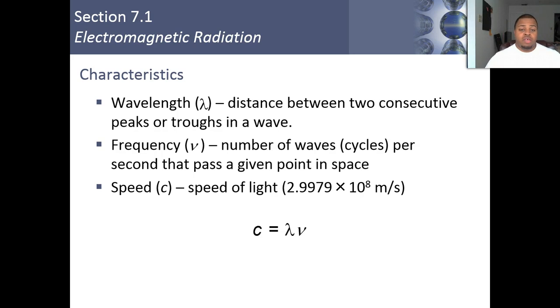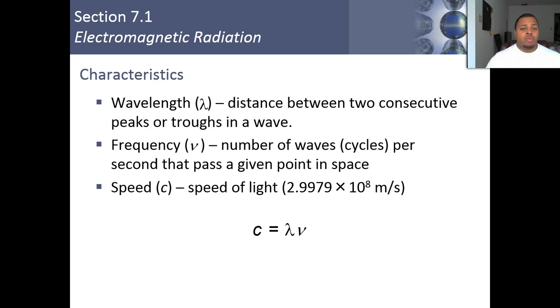When it comes to these characteristics, one is the wavelength. That's the distance between two consecutive peaks or troughs in a wave. If we're looking at an overall wave, from peak to peak, that's a wavelength. The frequency is the number of waves or cycles per second that pass a given point in space.